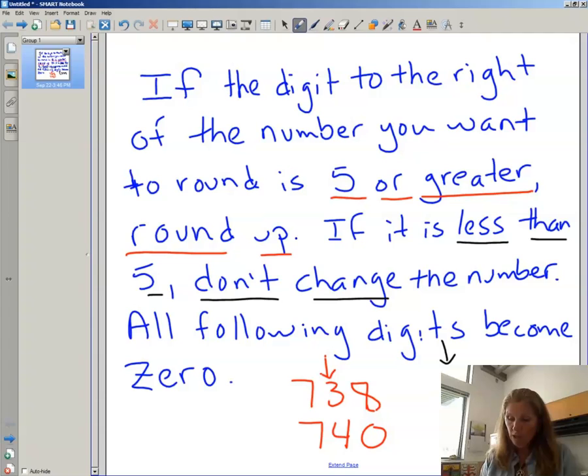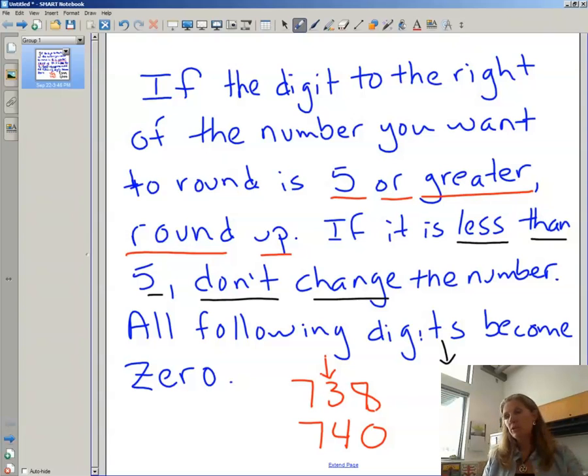So my 1 is not going to change, but everything after that becomes 0. So 1,295 is closer to 1,000 than it would be to 2,000. 1,500 would be right in the middle. Anything less than 500 is going to be closer to 1,000. That's the general rule, and now we're going to practice it and see what happens when nines come in there, because that could be a little tricky.